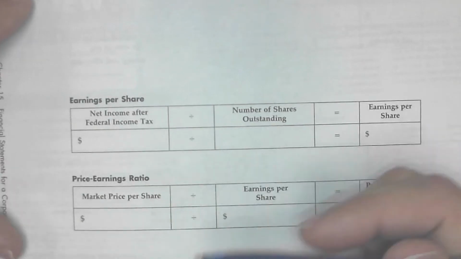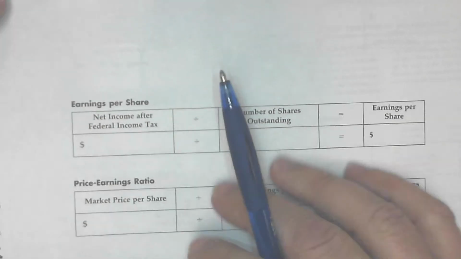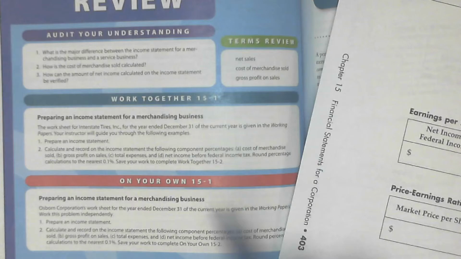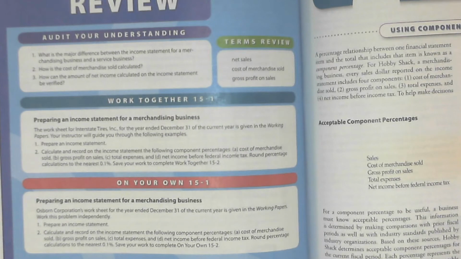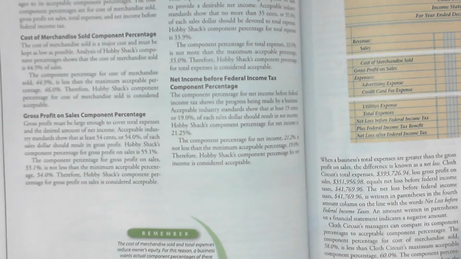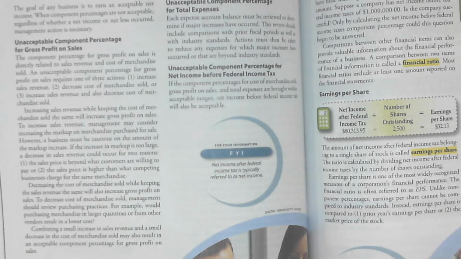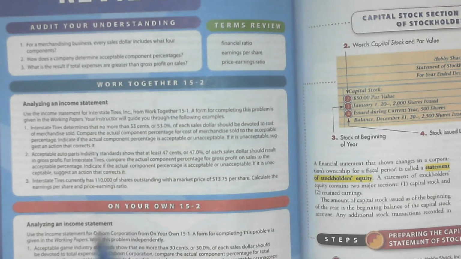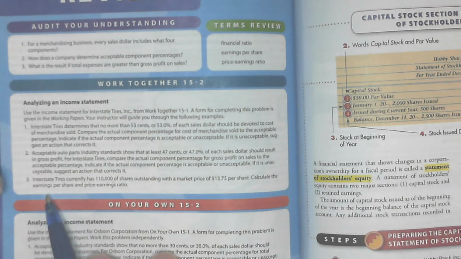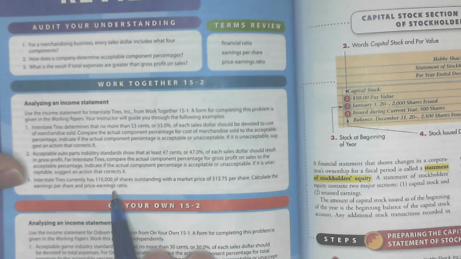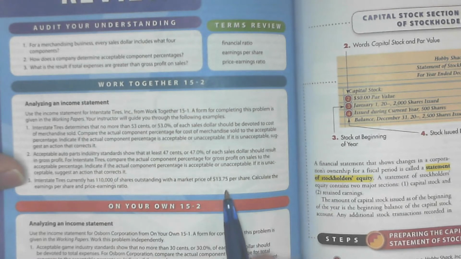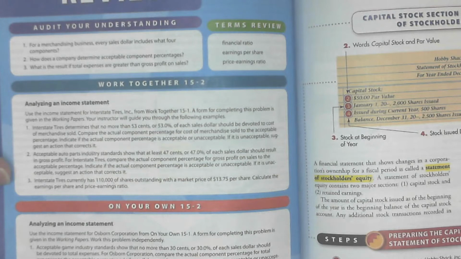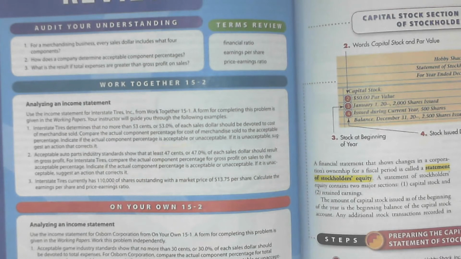Okay, so now for the bottom section, earnings per share. So in the book, on number 3, they have 110,000 shares, market price of $13.75. Calculate the earnings per share and price earnings ratio.